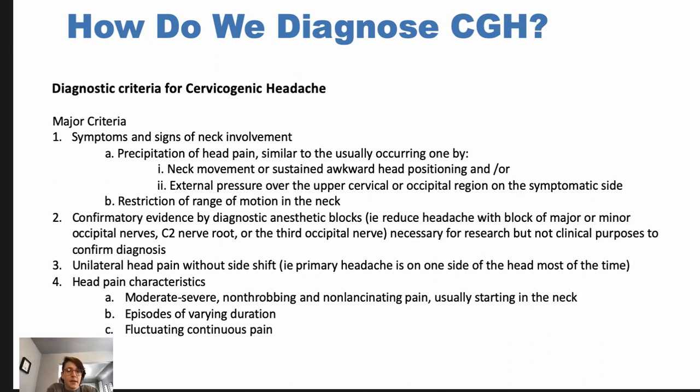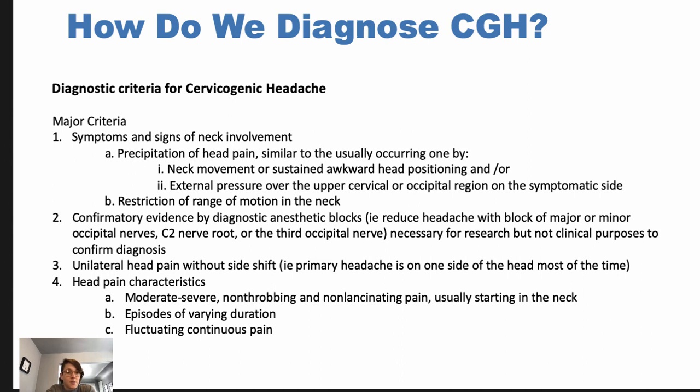So from the International Headache Association, I think it's called, we have some criteria for cervicogenic headache, and this is signs and symptoms of neck involvement. So usually precipitation of head pain with neck movements or sustained postures, external pressure, so palpation of the upper cervical or occipital region, and then restriction of the range of motion in the neck.